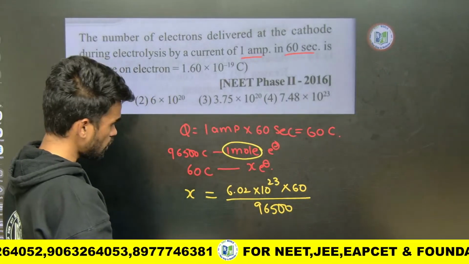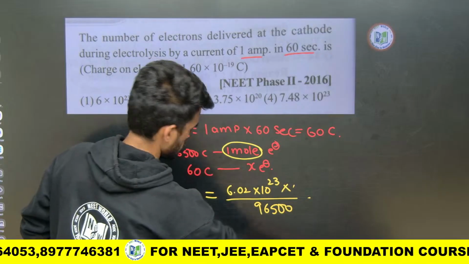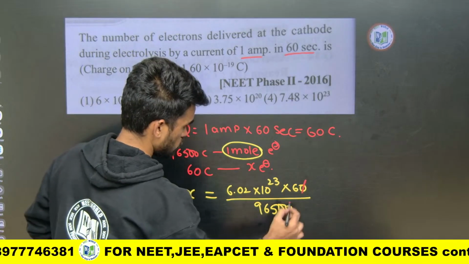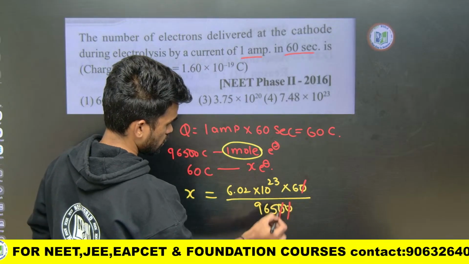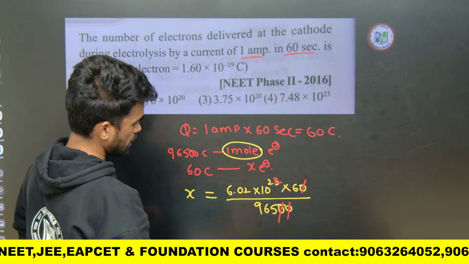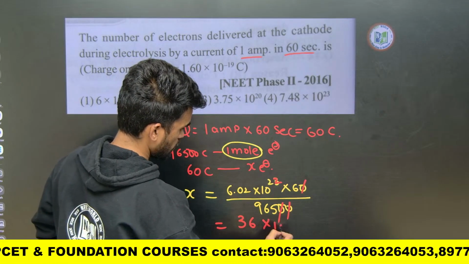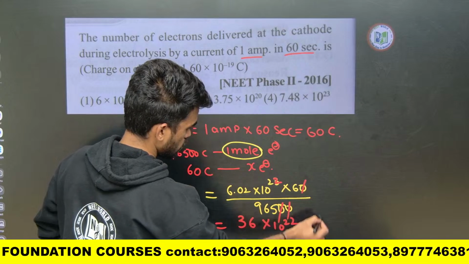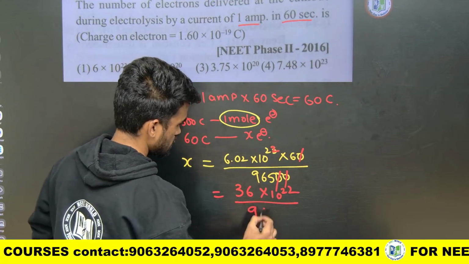See, how can we do this? We will get zeros cancelling, and here we have 1, 0. Again I am removing, this will become 22, and then next here we have 36 into 10 power 22 divided by 965.